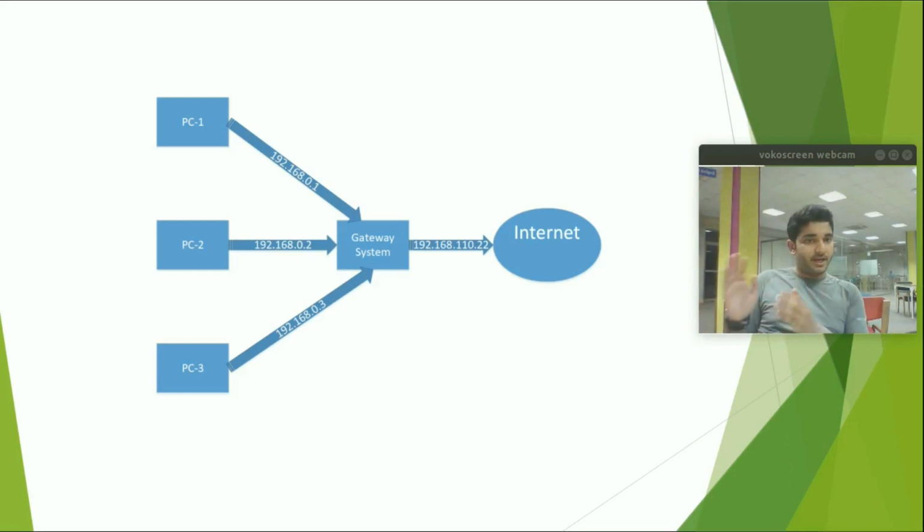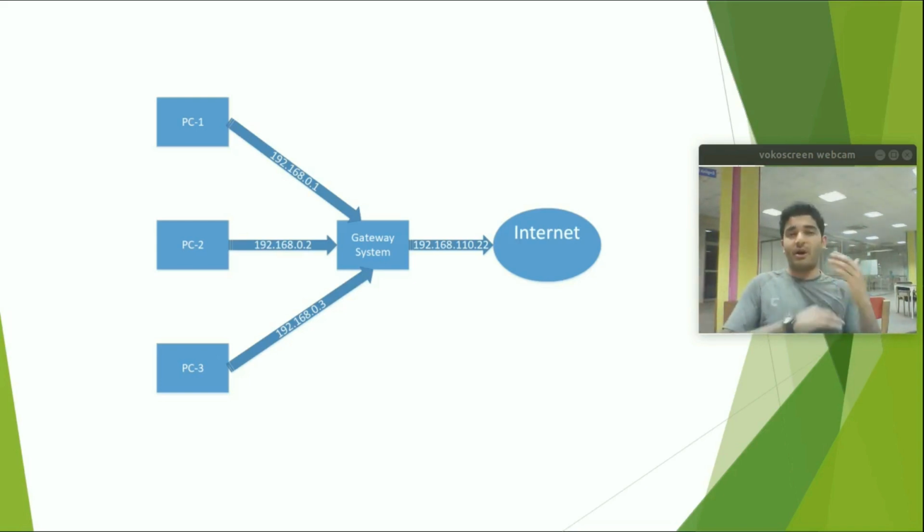In a similar way, take the example of PC2 and PC3. They have different private IP addresses. When they send a request to the internet, the gateway system again replaces their IP address and sends the request to the internet. The internet again assumes the request is coming from the gateway system, while in reality it is coming from the private systems.